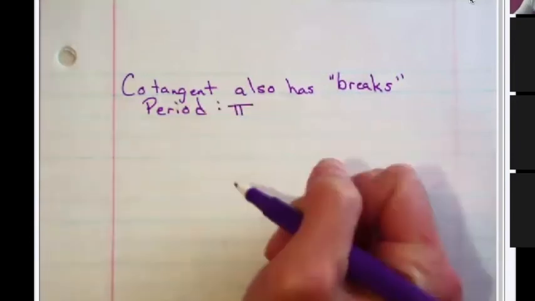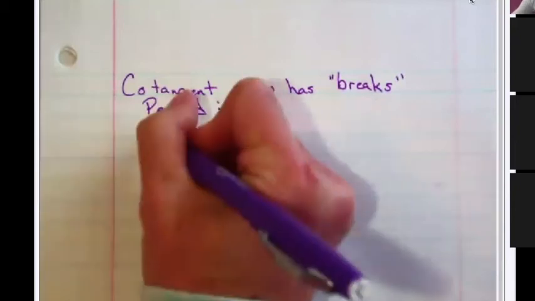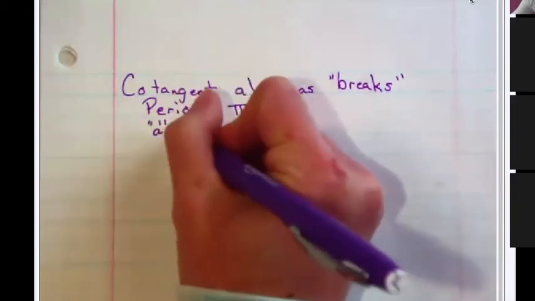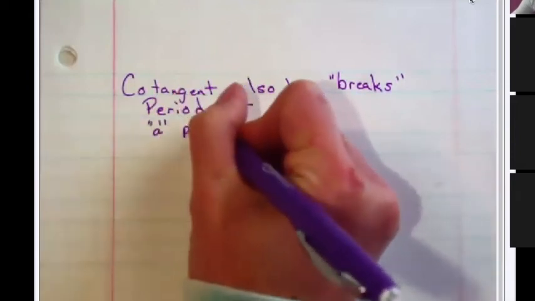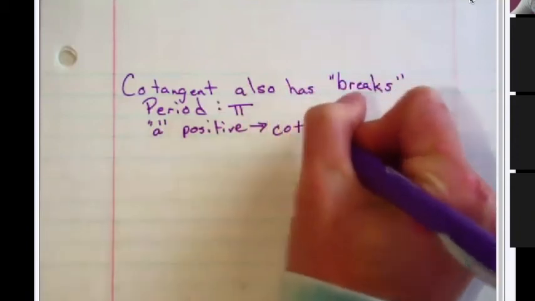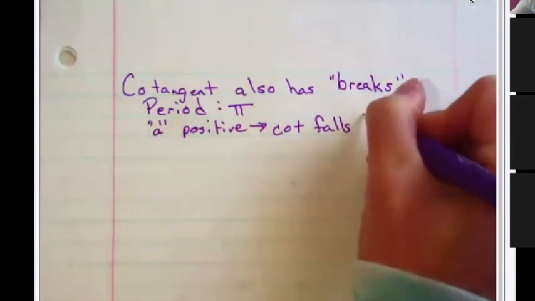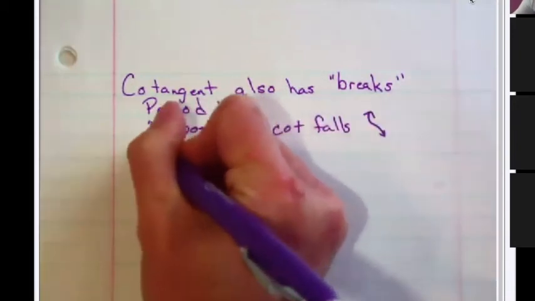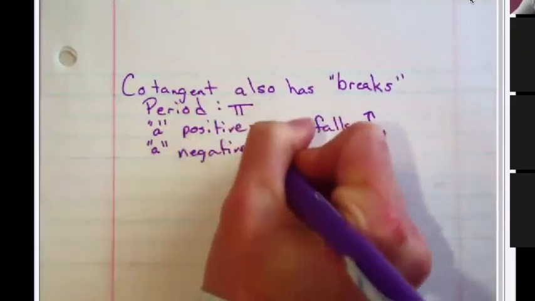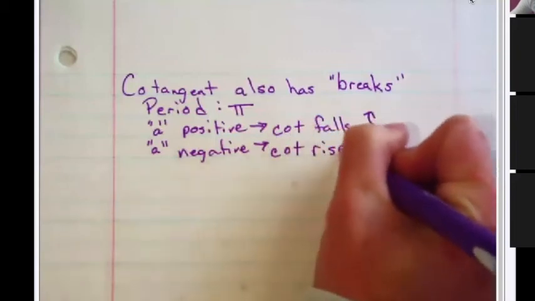And this one is the opposite. If the a value is positive, then cotangent falls from left to right. And if the a value is negative, think about it kind of like a slope, then the cotangent rises from left to right.